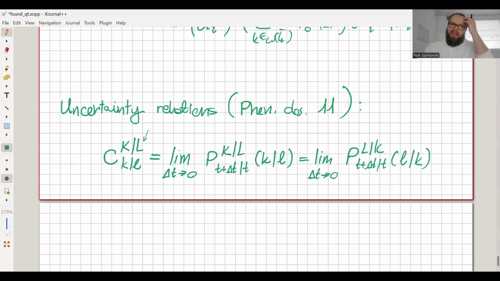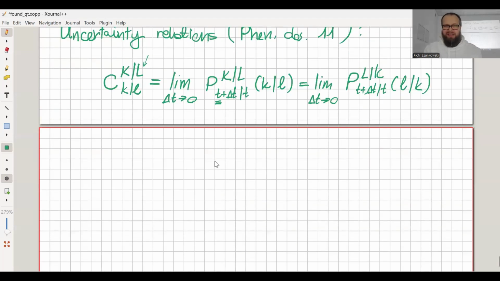Okay, and one of the features of this observation is that this C_kL is independent of this absolute time here. Right, so you get the same correlation no matter when you do your successive measurements, and we can use this to our advantage.